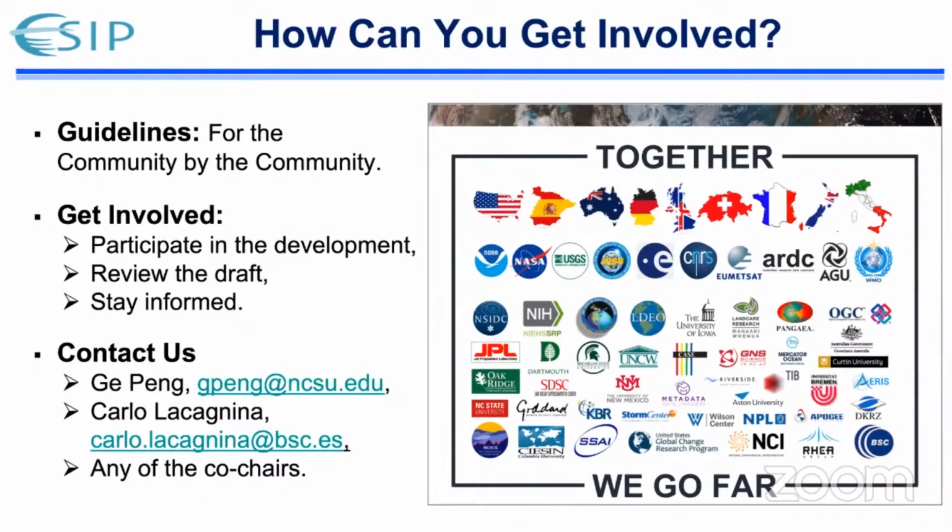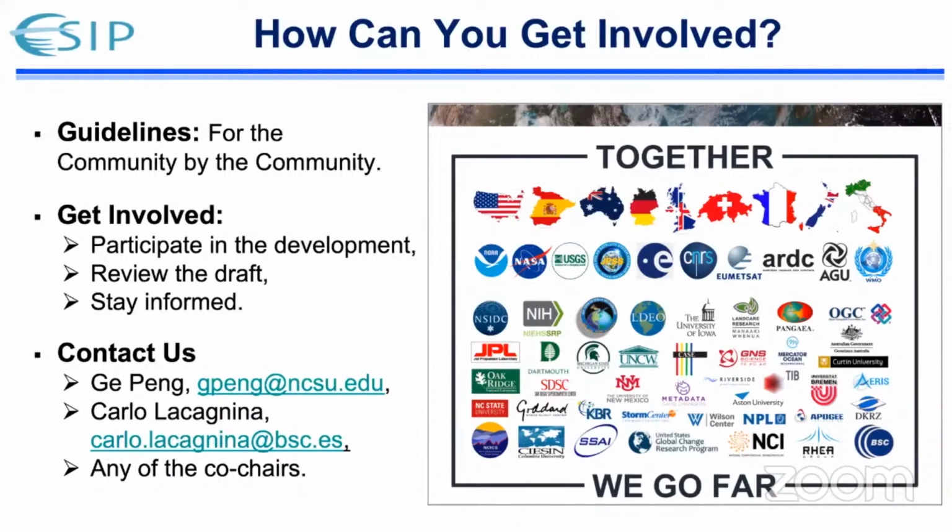And if your responsibilities prevent you from doing that, you can also review the draft. And the third is, you can always stay informed of the outcomes and issues along the whole process of development.